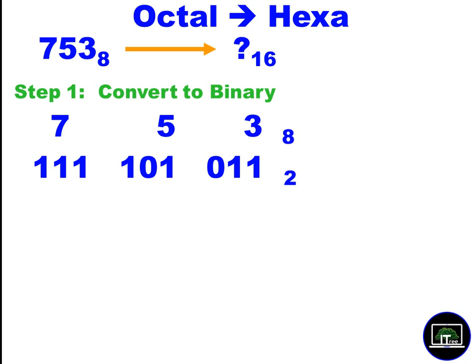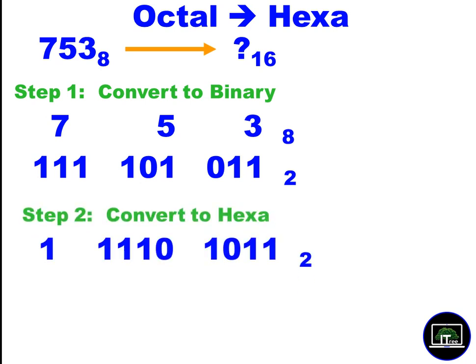Step number 2, now you convert to hexa. How do you do that? Divide into 4-digit groups starting from the end. Then write the hexadecimal equivalent of these groups.